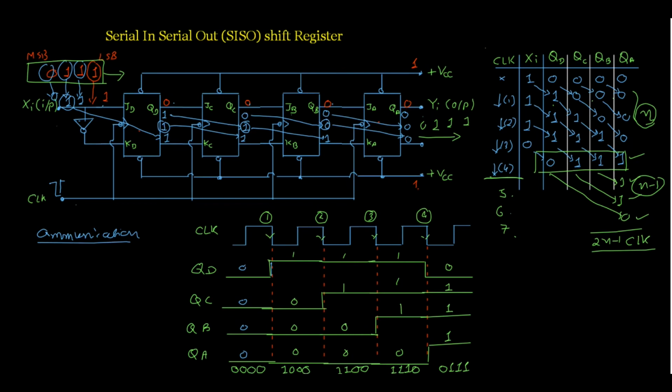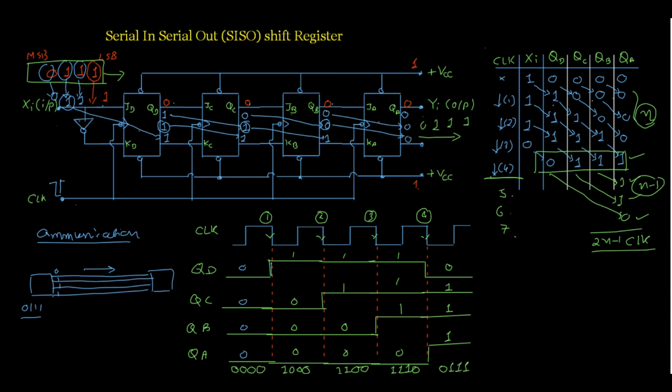So suppose we have one computer here and another computer here, and you want to transfer the data. Here my data is 0111, so we have 4-bit data. We require 4 different lines for transferring the data, so the data will be transferred parallelly from one computer to another.